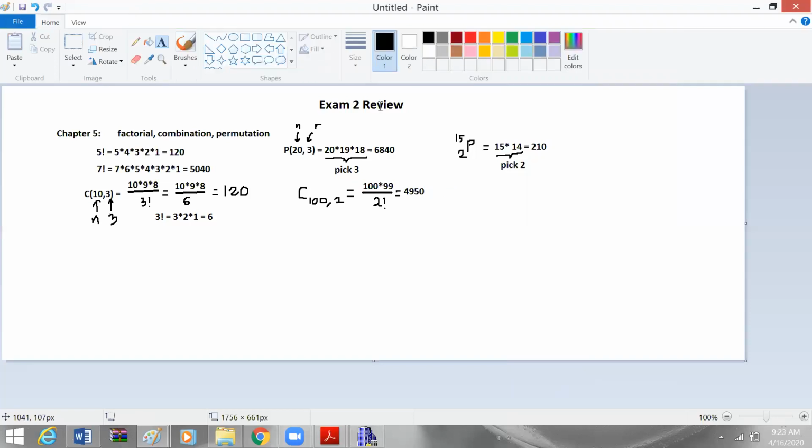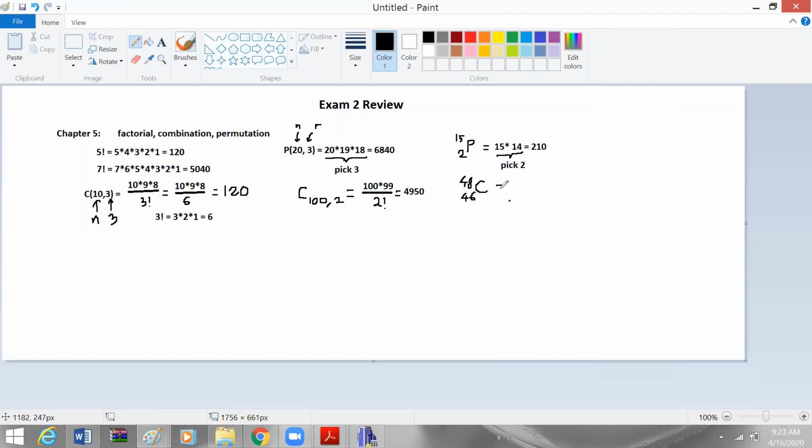Okay, so we can try another example. Let's say the combination of 48 pick 46. Let me write them down.